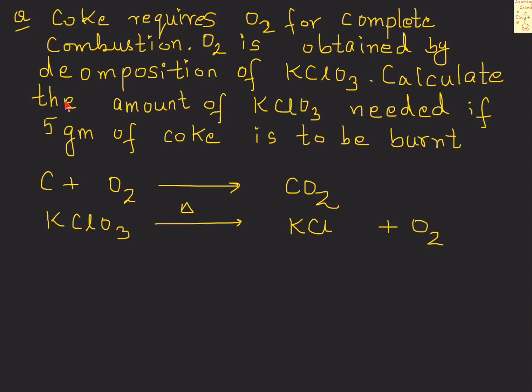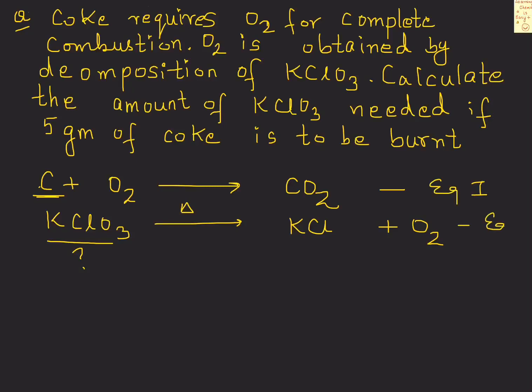Calculate the amount of KClO3 needed if 5 grams of coke is to be burned. Oh, so I have this value provided to me and I have to find out this. Oh, weird question. Something is coming from the first equation, and there's another from the second equation.